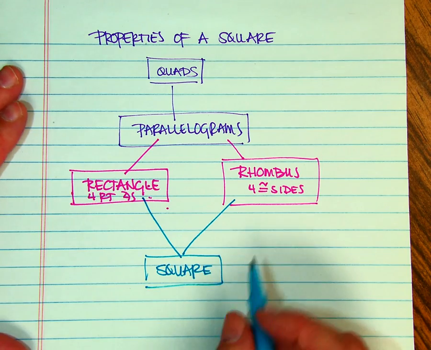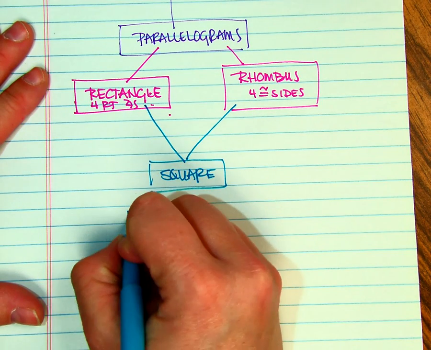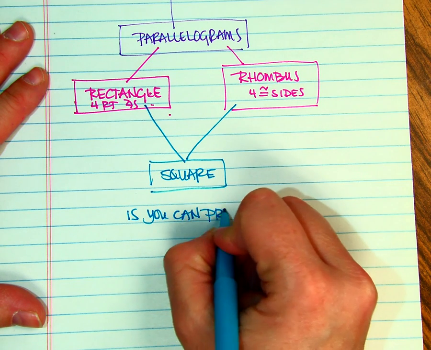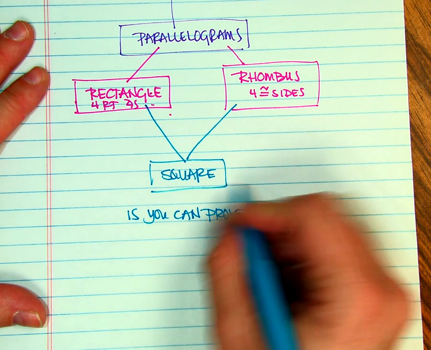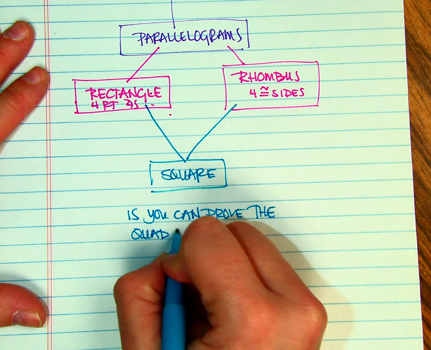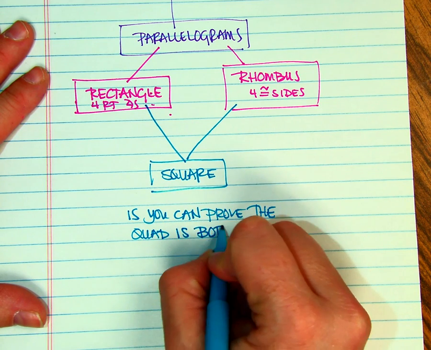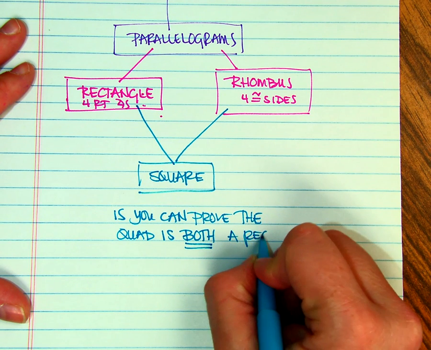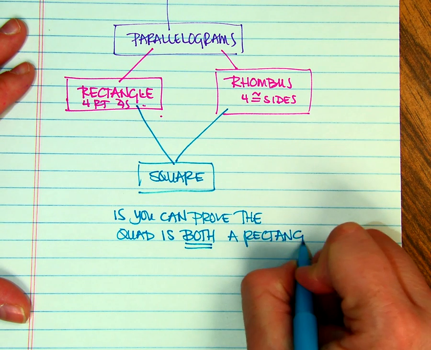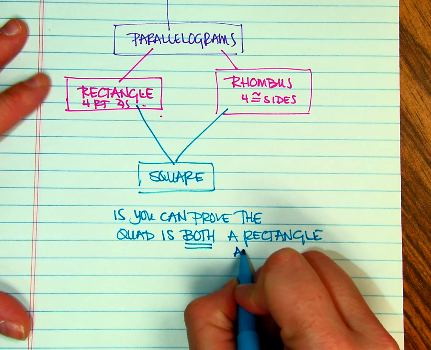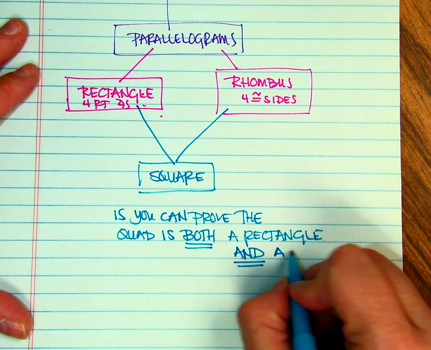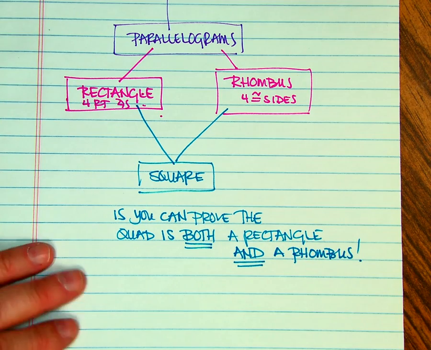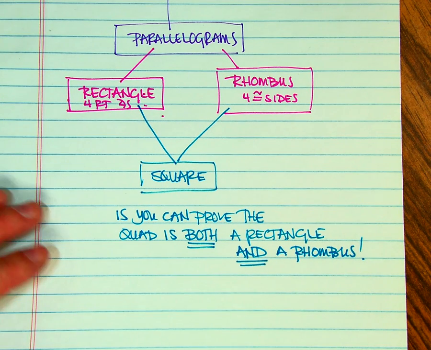So what makes a square is if you can prove the quadrilateral is both a rectangle and a rhombus. Okay, so you have to prove that it's both a rectangle and a rhombus.